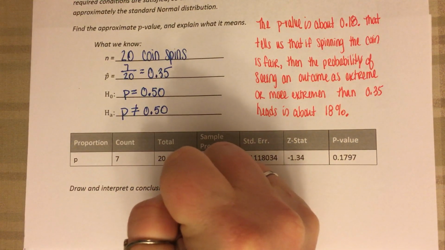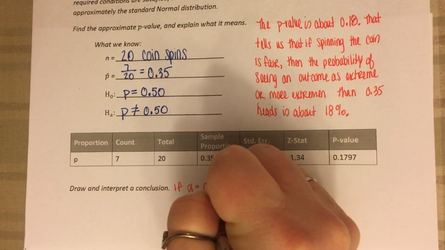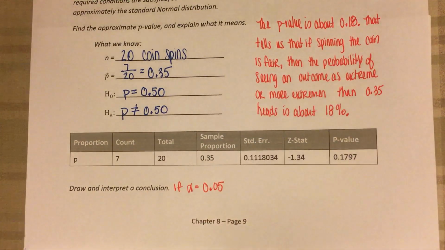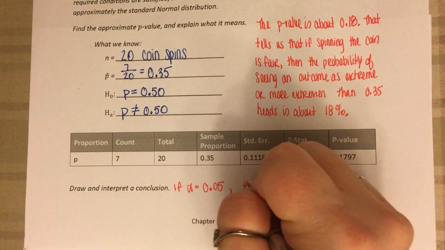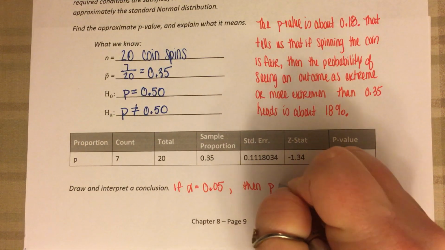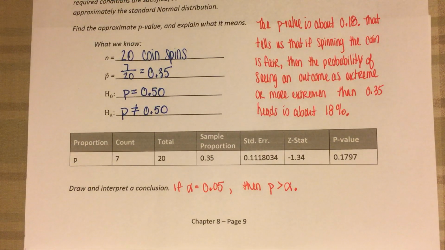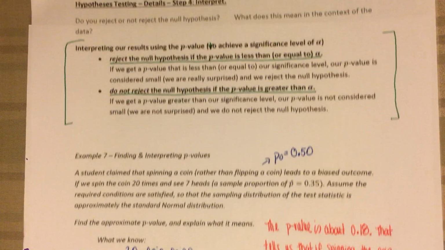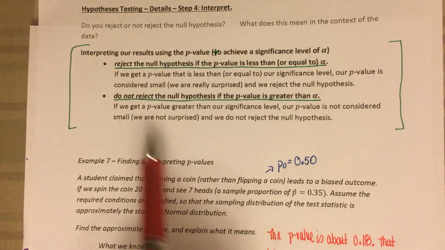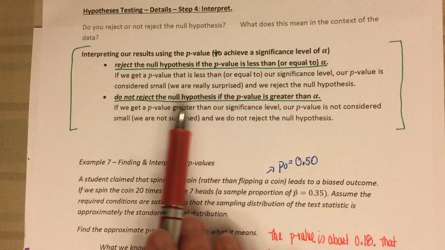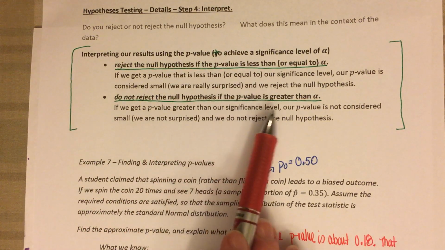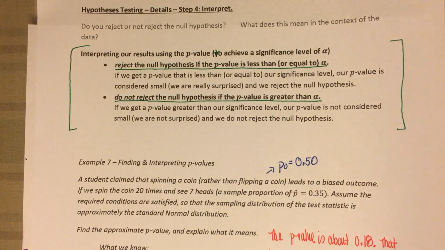So if alpha equals 0.05, because a lot of times we use 5%, then our p is greater than alpha. If we look back up to this guide up here, we do not reject the null hypothesis if the p-value is greater than alpha.